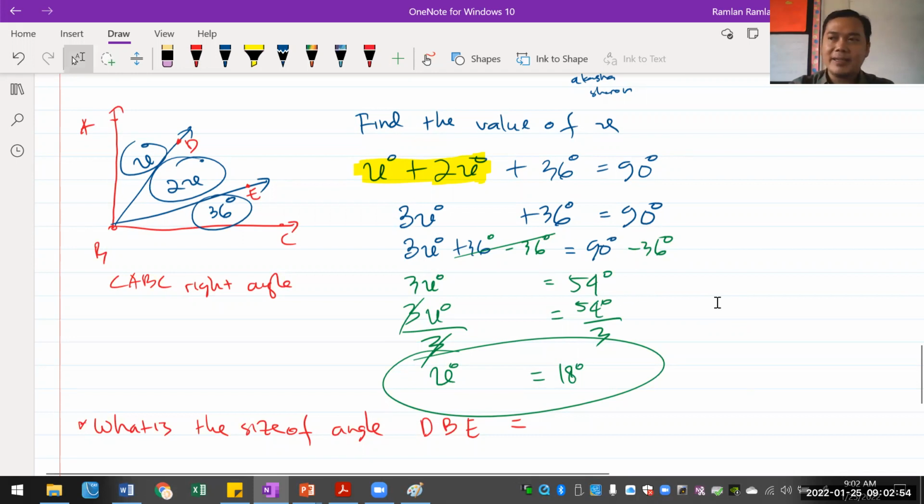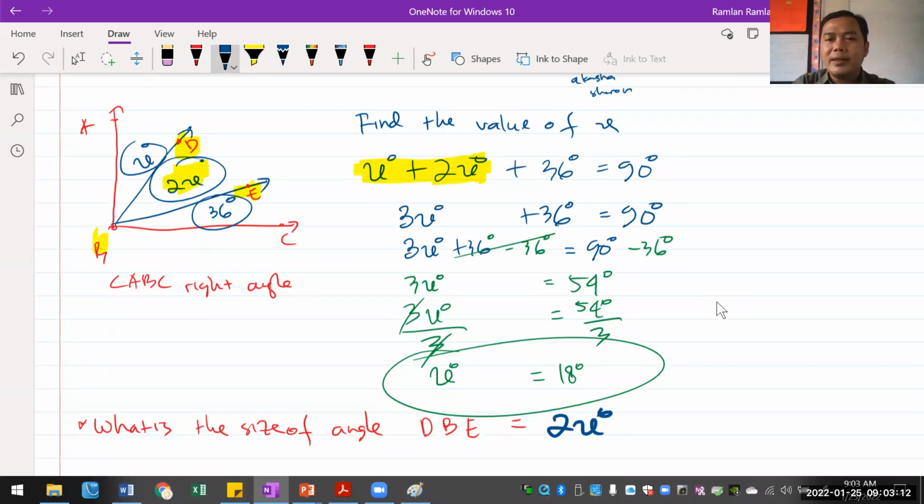So I'm going to explain, guys. Thank you very much. It's actually correct. As you can see here, angle DBE is this one over here, right? This is 2x. So you can write down angle DBE equals 2x.